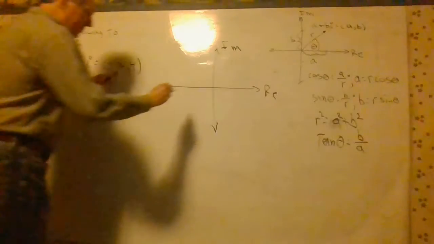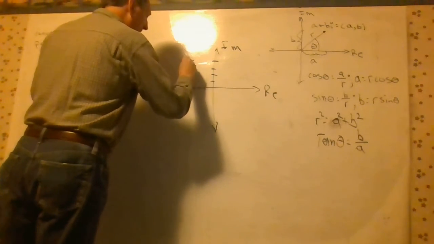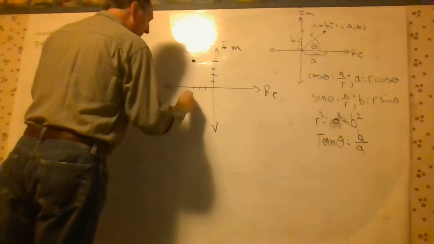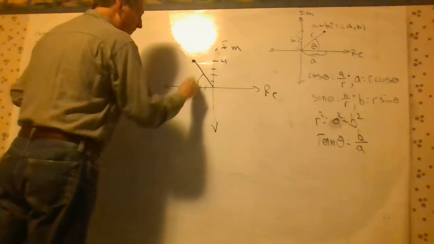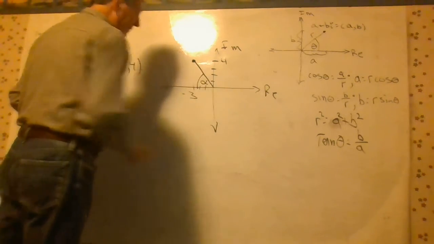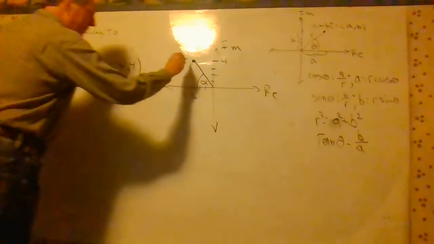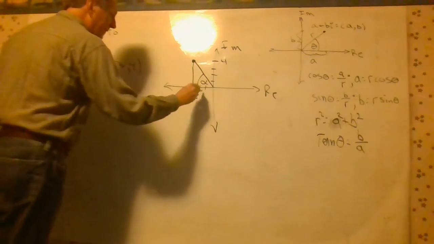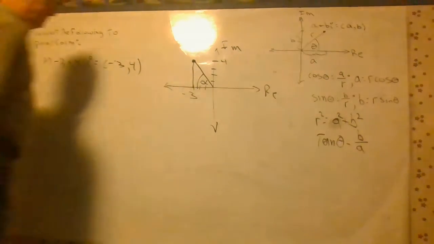Okay, you want to go left 3, up 4. So we are right here. You can call this angle alpha. It's a reference angle, really. And you can make a right triangle here. This is 3, this is 4.